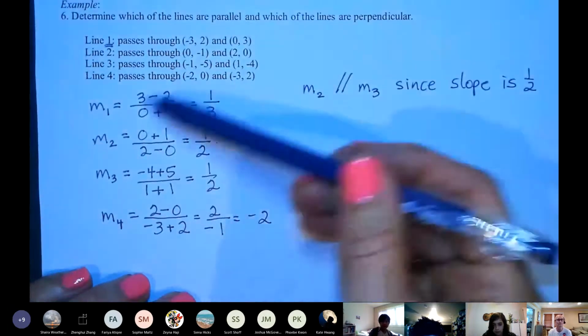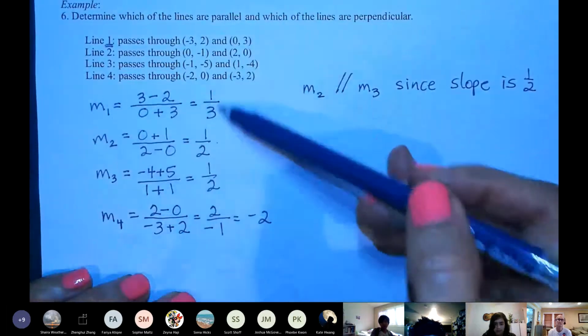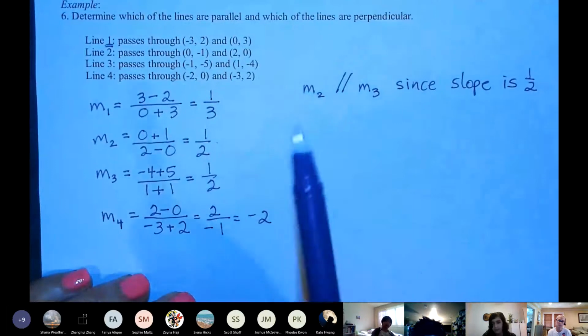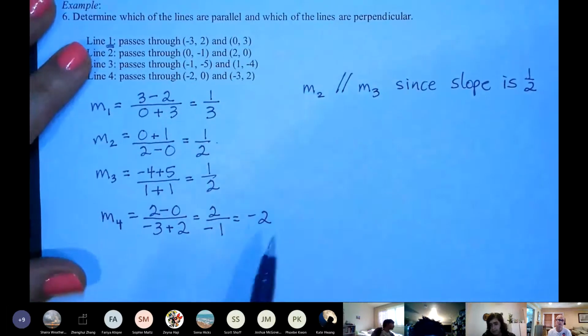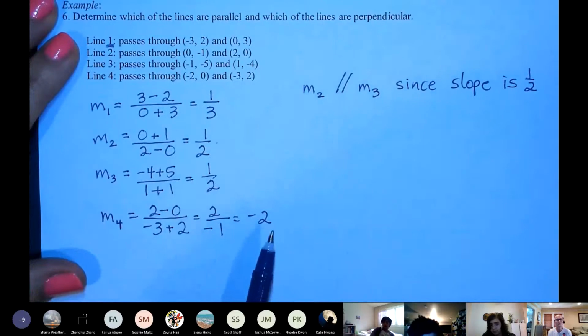There is no relationship between m1 and anything else. But if you do -2 times 1/2 here or here, you will get perpendicular.